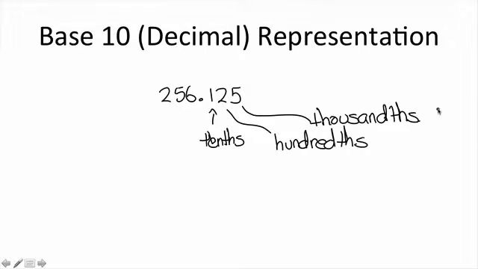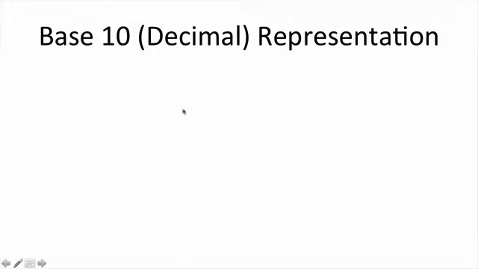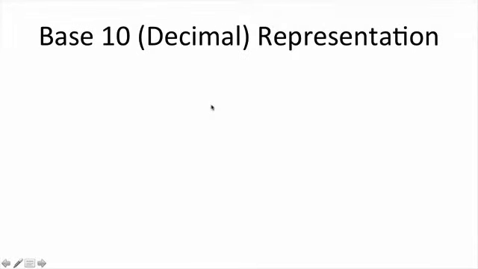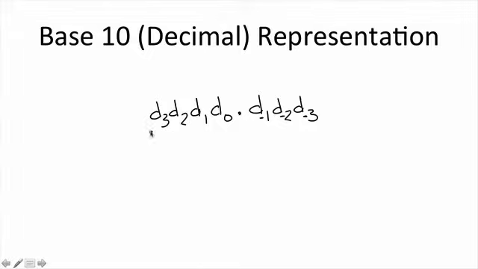So, another way that you can generically write a number like this would be to consider the form where each number has a digit. So for example, you might have D0 dot D1, or you might have a more complicated number like D2, D3. This is D to the minus 1, D to the minus 2, D to the minus 3. This is D1, this is D2, this is D3.